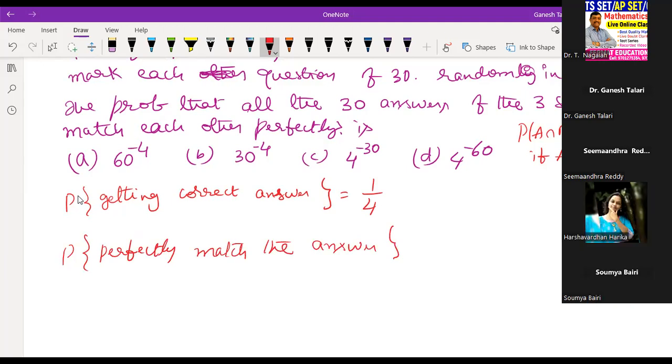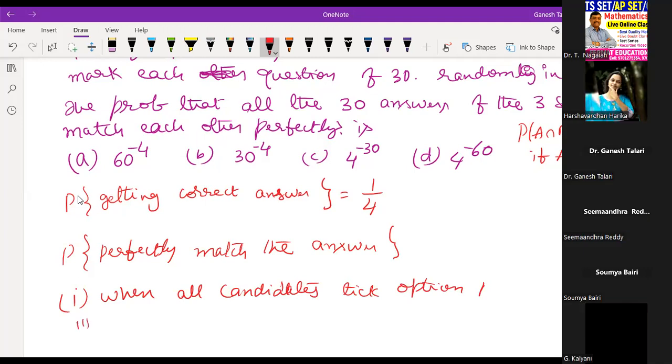So how many cases are there where the three students have the same options? The first case, when all candidates tick option 1. There are 4 options, right? The second case, when all the candidates tick option 2.